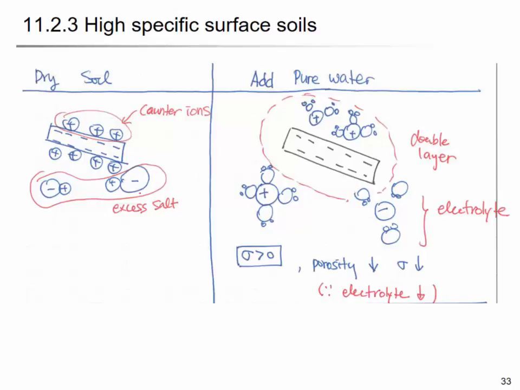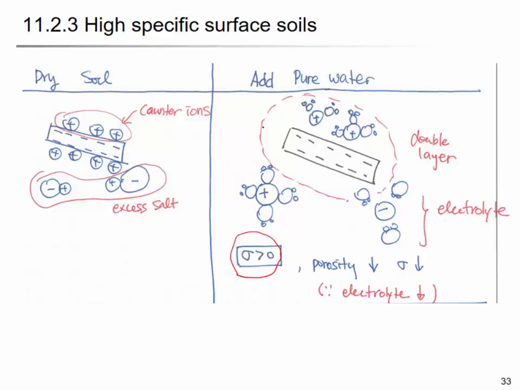Also the excess salt will be hydrated, and the pure water will become the electrolyte. So overall, the electrical conductivity of the soil mixture will be larger than 0, so the soil becomes a conductive material. So then what happens if you compress it?